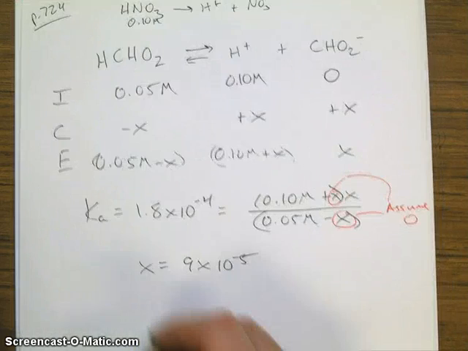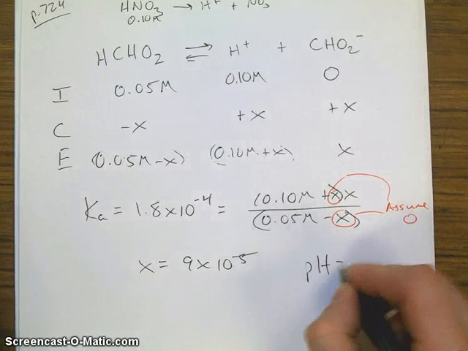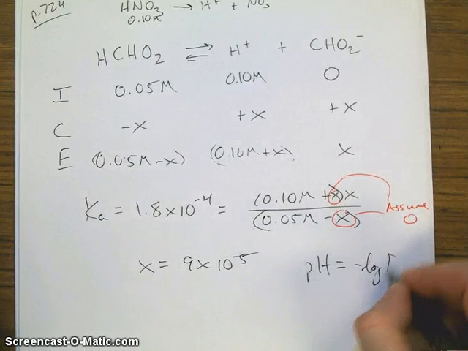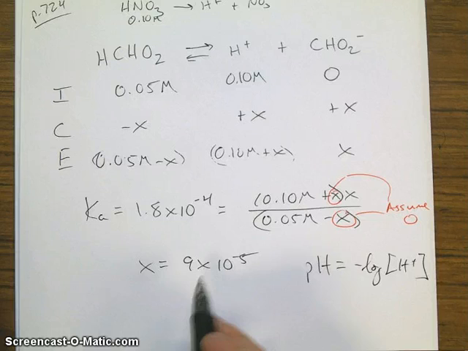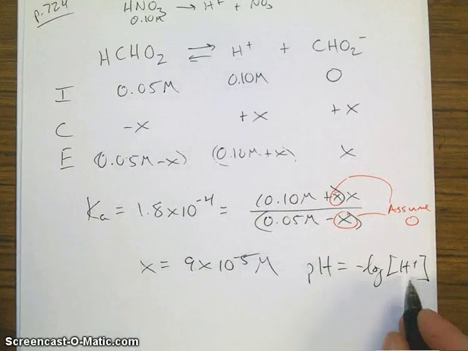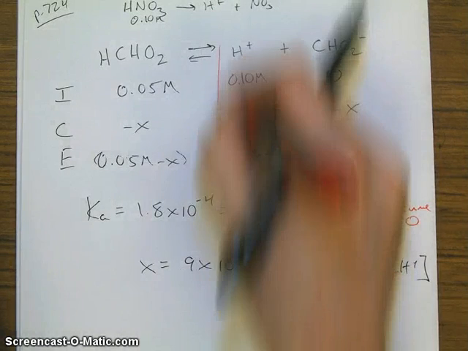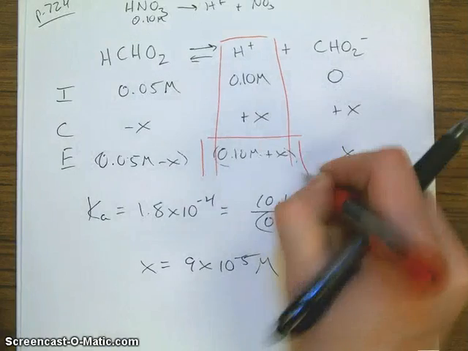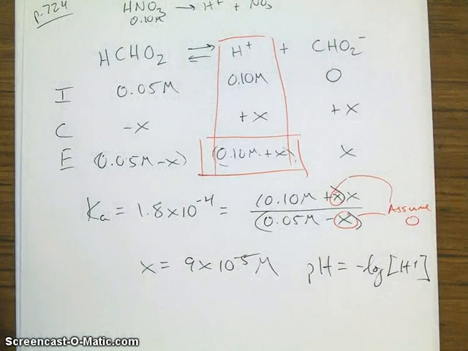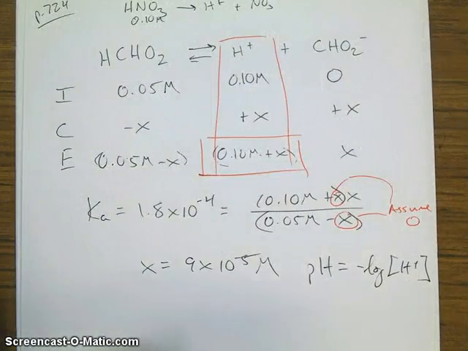Now the question's asking me for pH, which is the negative log of hydrogen ions. I can't stick this number in for hydrogen ions. Remember, this number substitutes in for x here, which at equilibrium will tell me my hydrogen ion concentration. So I actually have to add 0.1 to this number.